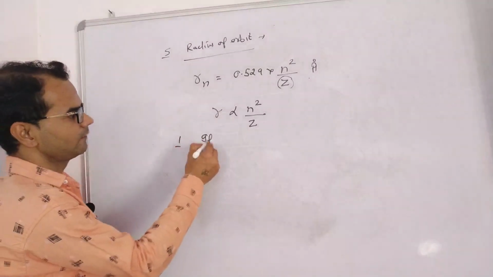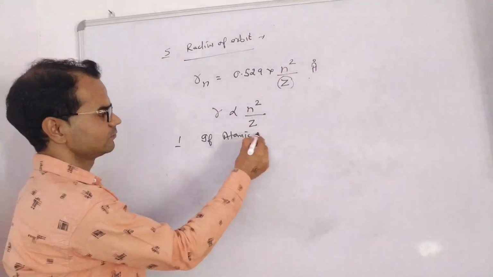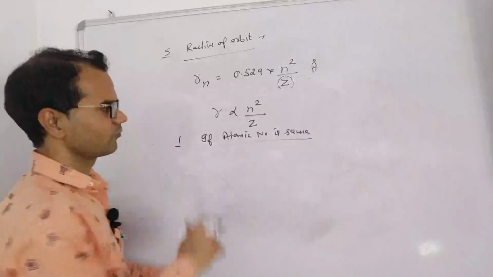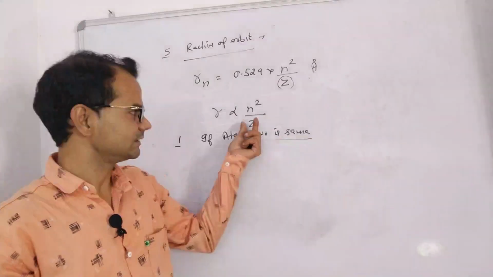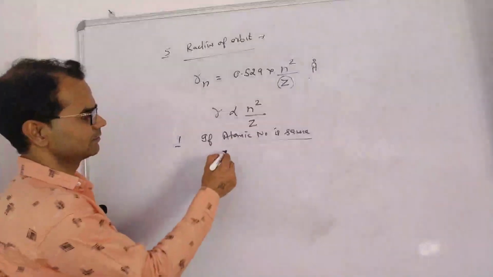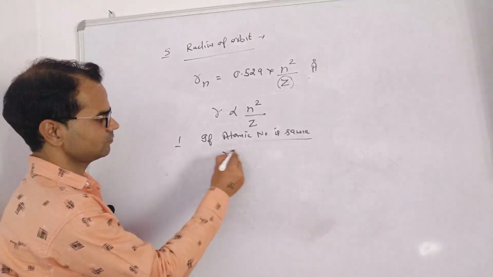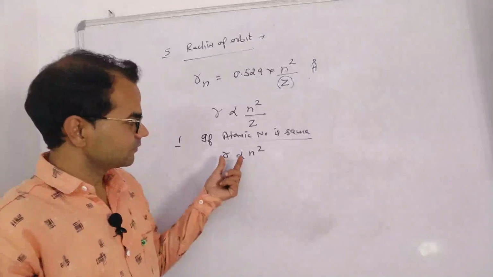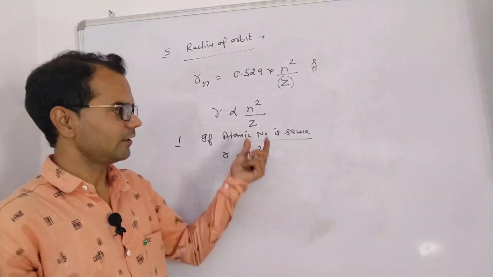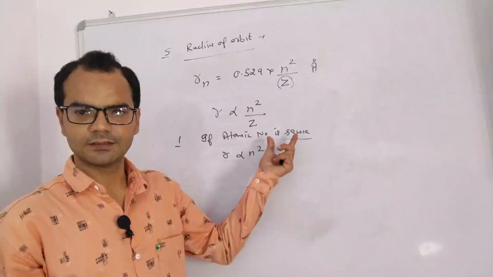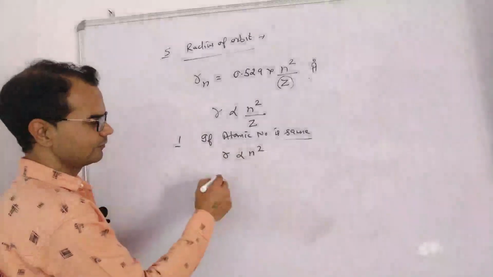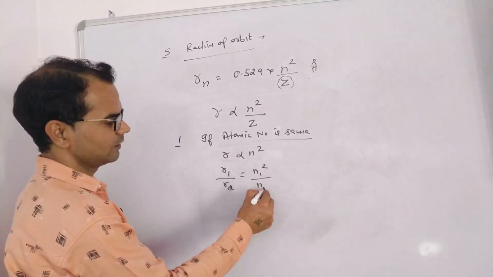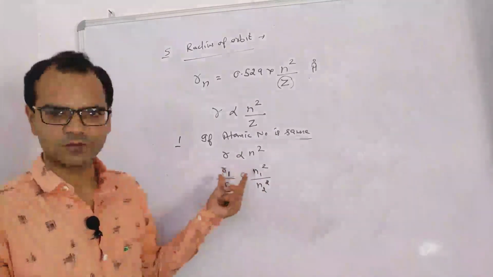First, if atomic number is the same, Z is constant, and radius is directly proportional to n square. For example, to find the ratio of radius of third and fourth orbit of hydrogen, we use R1 by R2 equal to N1 square by N2 square.